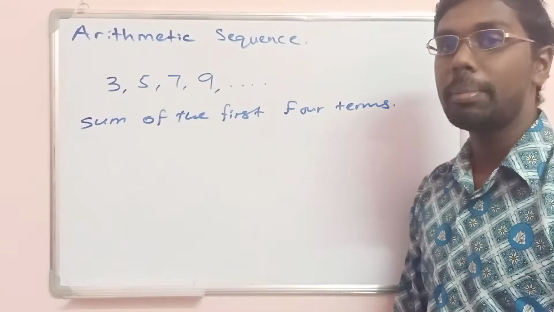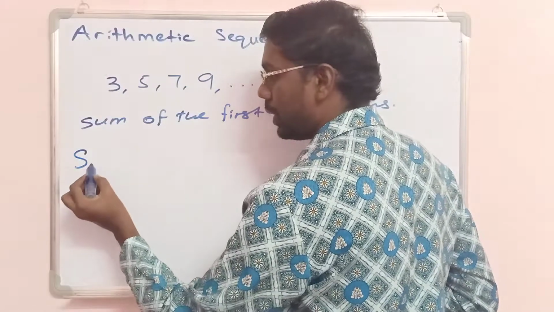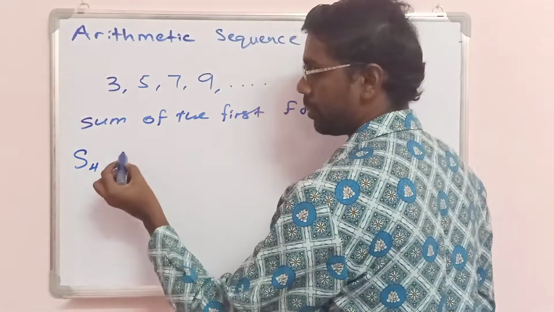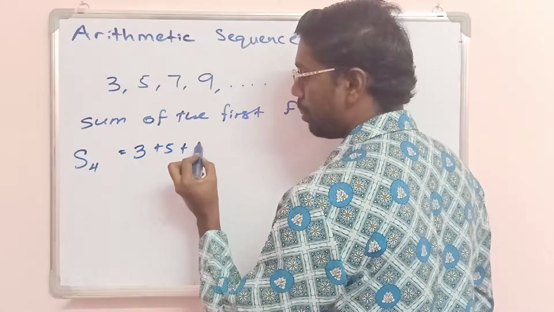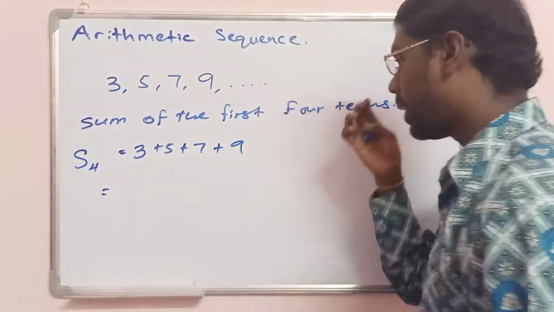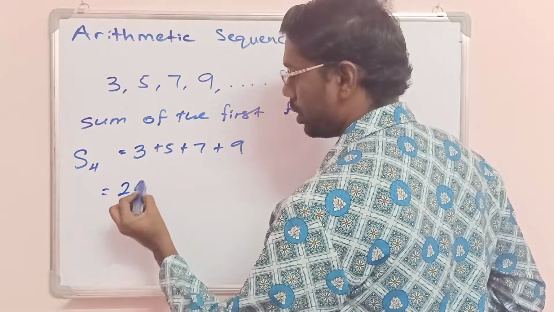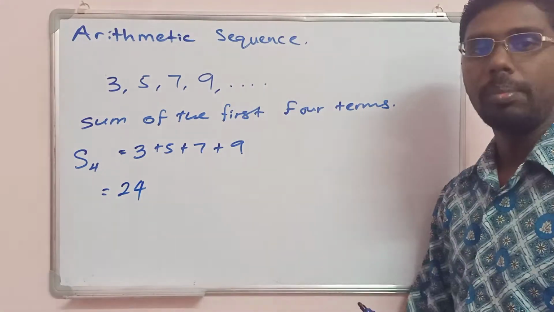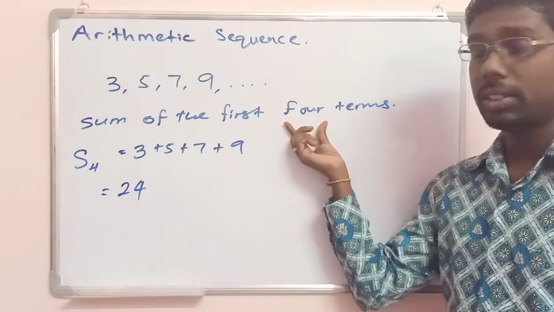So S4 is equal to 3 plus 5 plus 7 plus 9. We get 12 plus 12, which is 24.